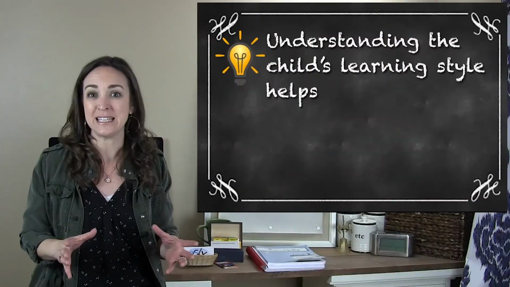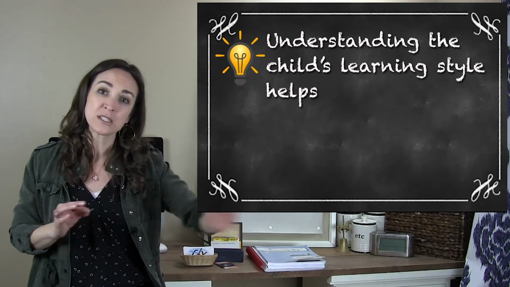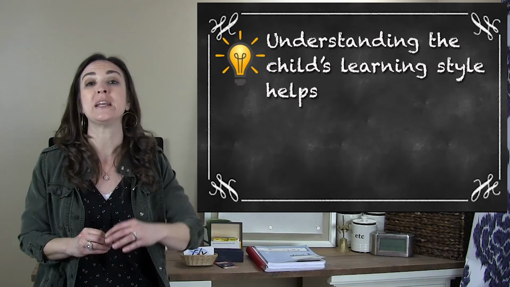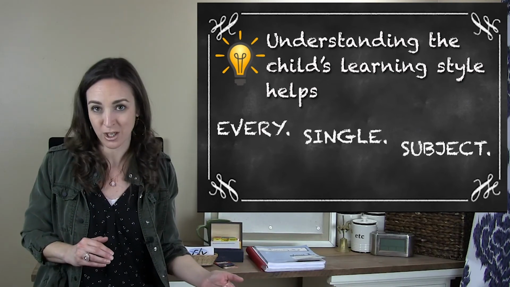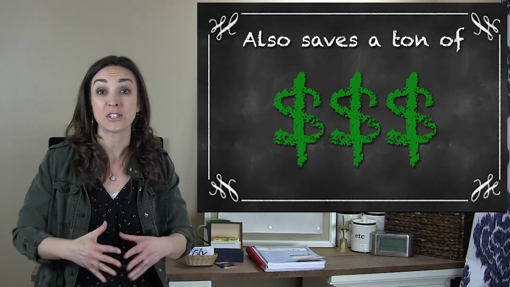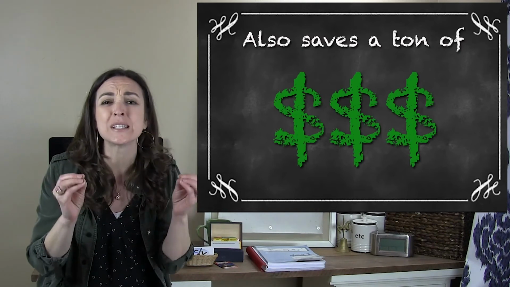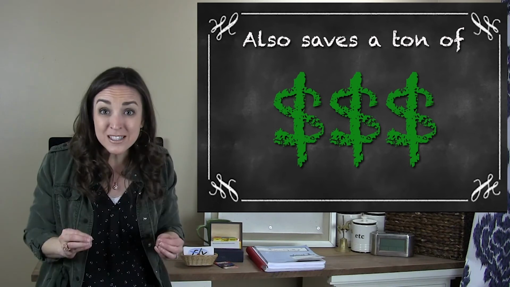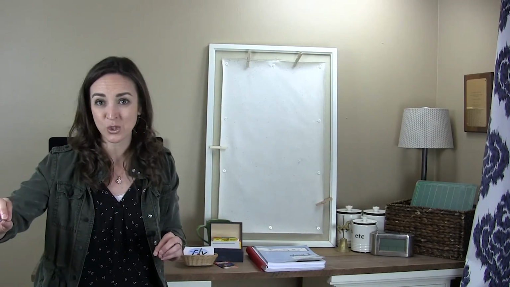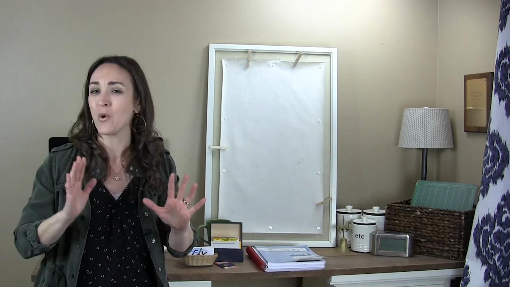The general idea here is this principle of understanding a child's learning style will help you in every single subject. You learn the way they learn, and you're going to save yourself, I promise you, thousands of dollars. Thousands of dollars for buying curricula that doesn't work, trying this tool that doesn't work, or frustration.